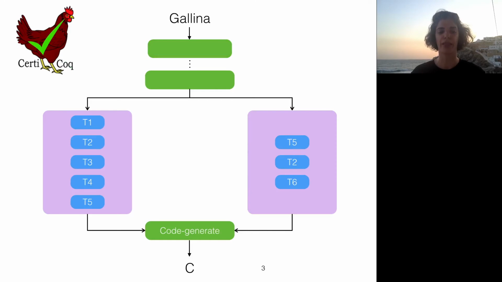With this compositional theorem, we can obtain a linking theorem for the Certico compiler that allows us to compile programs with different optimizations enabled. This is useful as not all optimizations are beneficial for all programs. We may also want to add new optimizations or reorder existing optimizations and link with code compiled with previous compiler configurations.